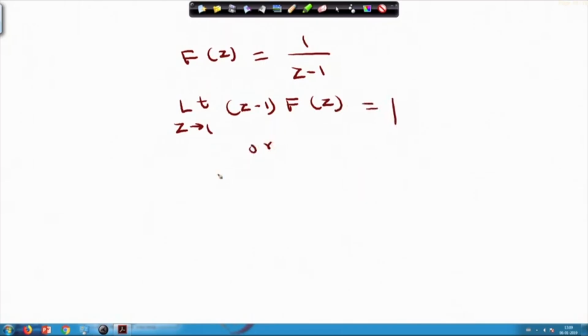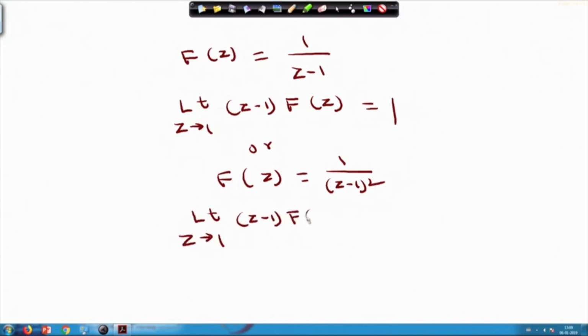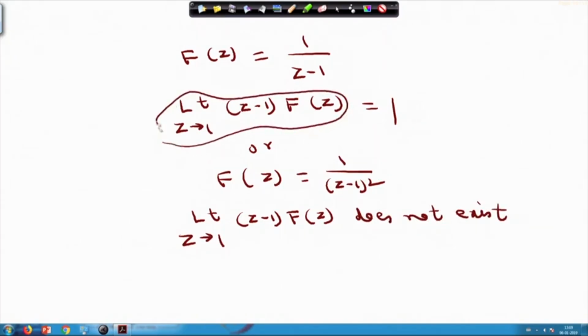Or if you consider f z equals 1 by z minus 1 whole square, then limit z approaches 1, z minus 1 into f z is 1 by z minus 1, and that limit does not exist. That is the reason we have said that limit z approaches 1, z minus 1 into f z is the value we have to calculate.